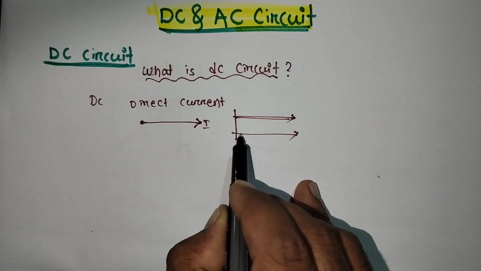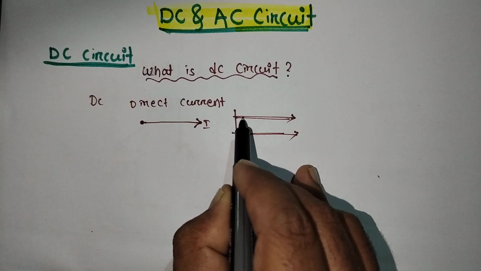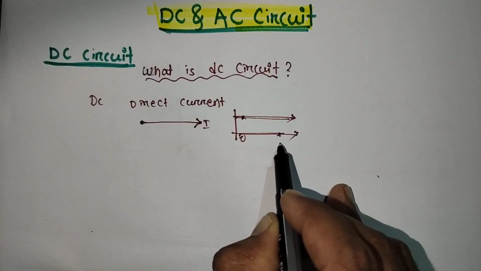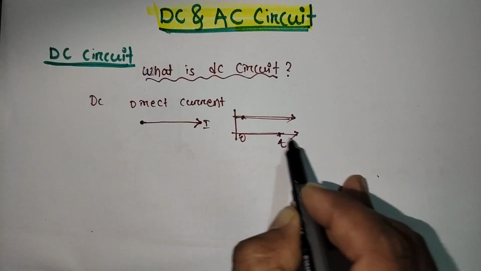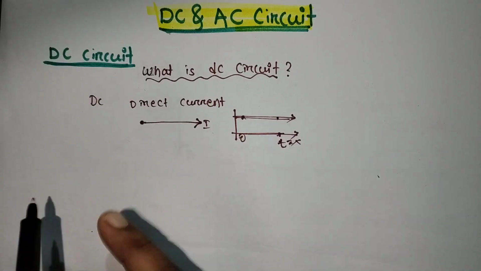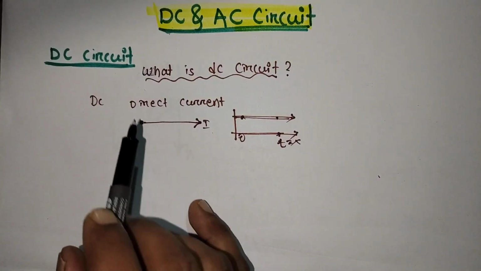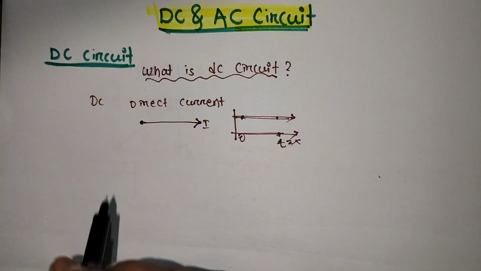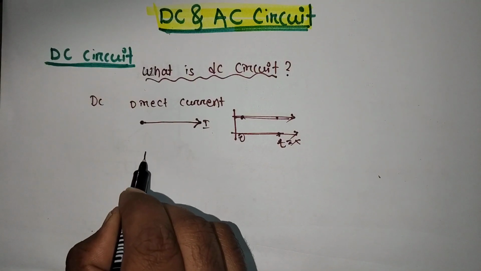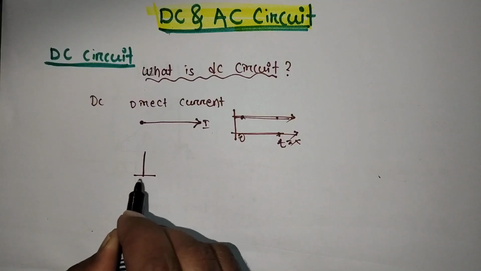The magnitude you can see at any time, at time 0, is in the same one direction, and at some other time, t equal to x or something, here also the same. That direction is always the same. Let's consider one circuit.